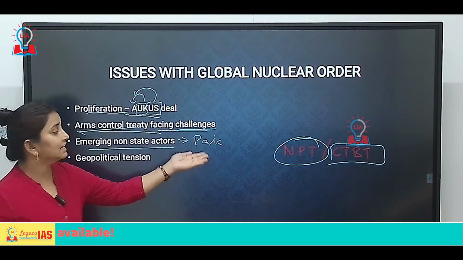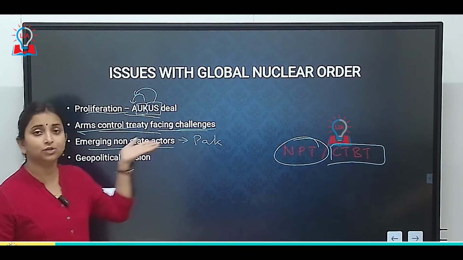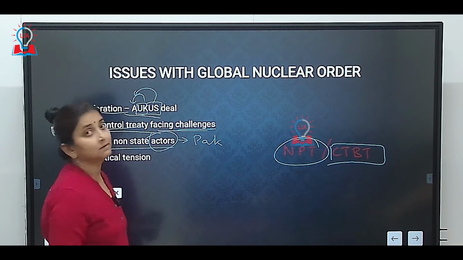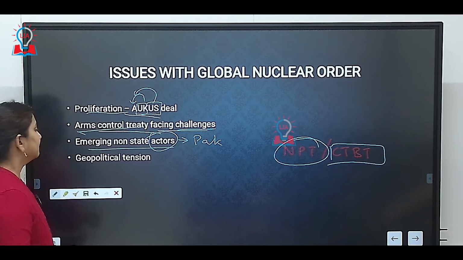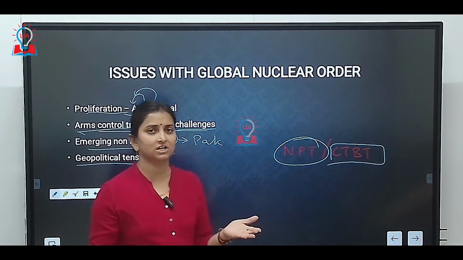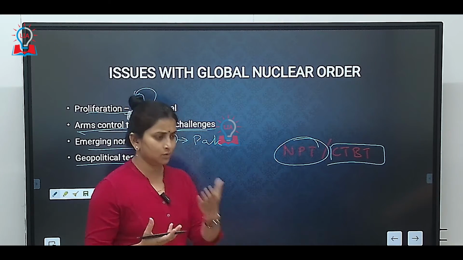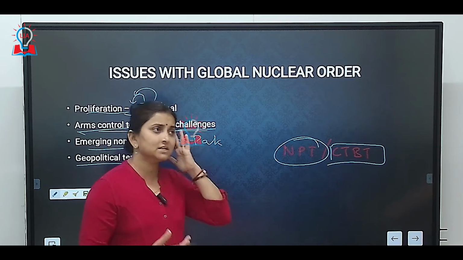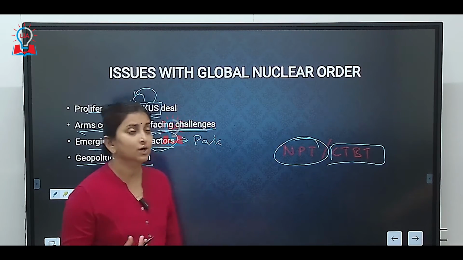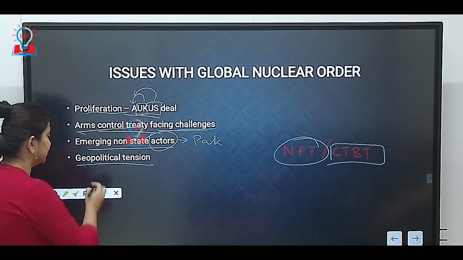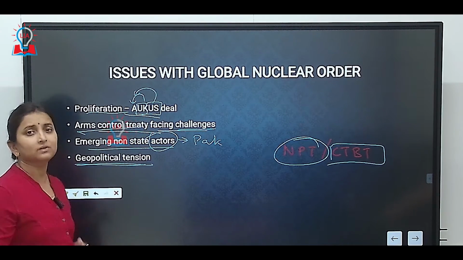So it can very easily transfer from the government to the non-government actors, and in that case that will become very problematic. Plus the geopolitical tensions between the US and Russia, between Russia and Ukraine, between Israel and Palestine, between Azerbaijan and Kazakhstan. There are so many countries which are fighting against each other, between India and China, between India and Pakistan.